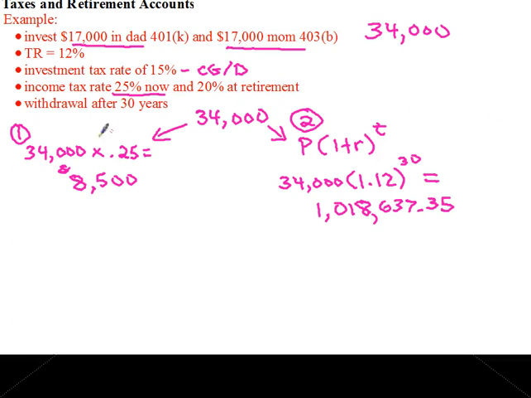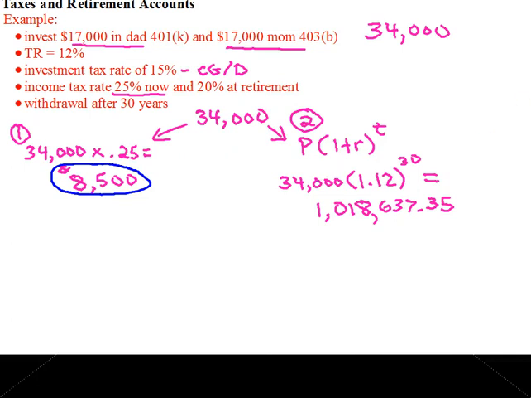So let's see what's happened so far. So far, we got a tax deduction of $8,500. That's nice. And now we have the $34,000 that actually got invested in the 401k and 403b.